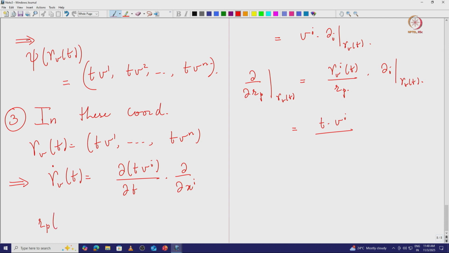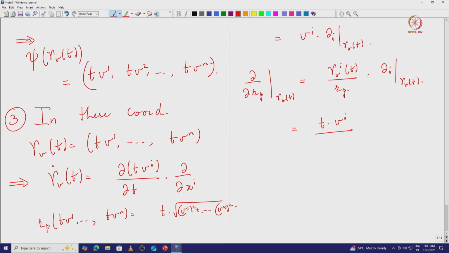The radial distance of this point t v1 up to t vn is obviously just given by t times the square root of v1 squared plus etc. up to vn squared.